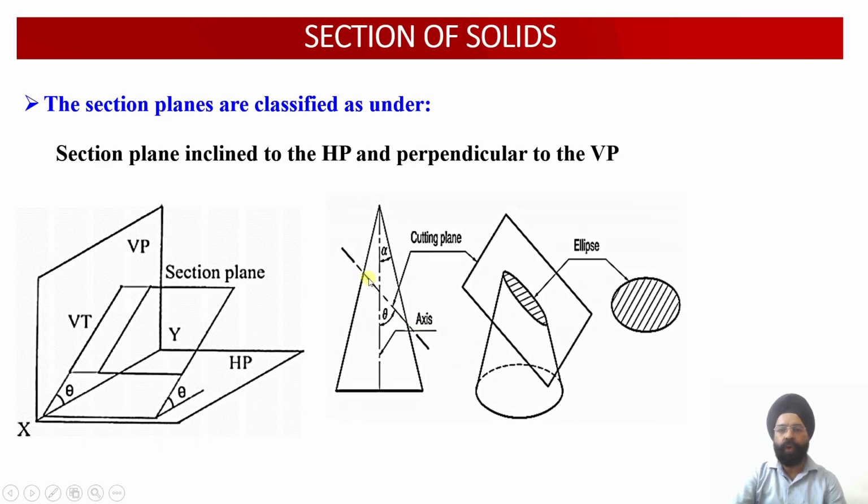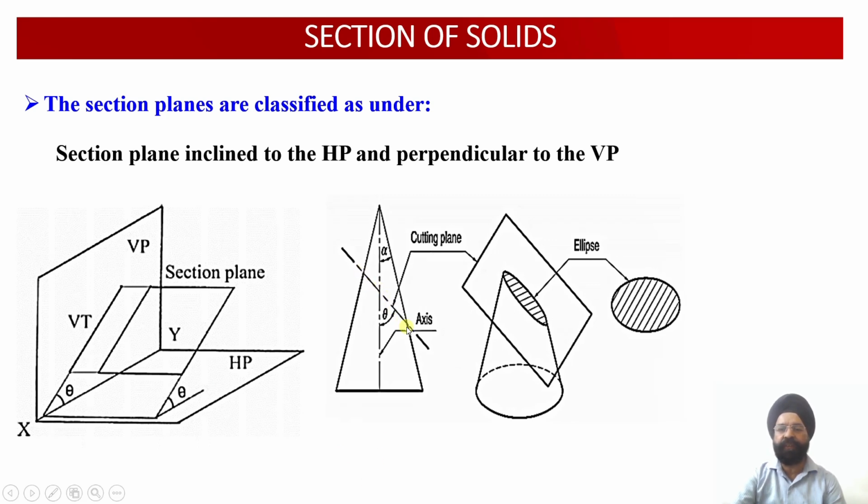But when we look at this cut solid in the front view, the edge view of this cut surface will be available in the front view. Now if we look at this section solid from the top, then in the top view we are only able to obtain the apparent shape corresponding to this cut surface.